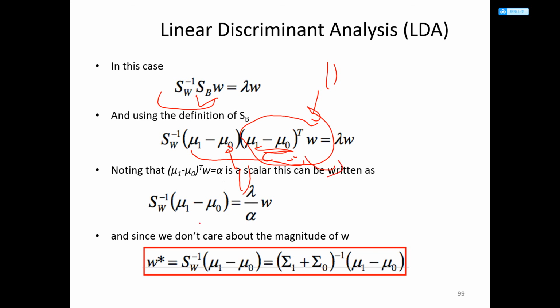Then what I have is something like this, equal to this here. So if I don't care about the scaling factor, the optimum W star is essentially just this. So it's a very neat result, actually very simple, the final result.